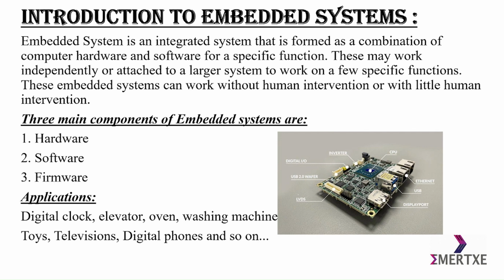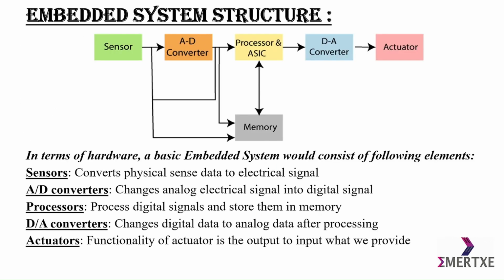There are three main components of an embedded system: hardware, software, and firmware. Applications we see of embedded systems are digital clocks, elevators, ovens, washing machines, toys, televisions, digital phones, and so on.